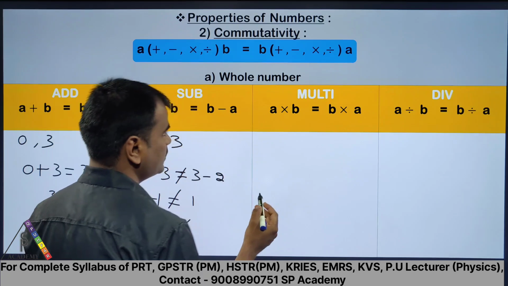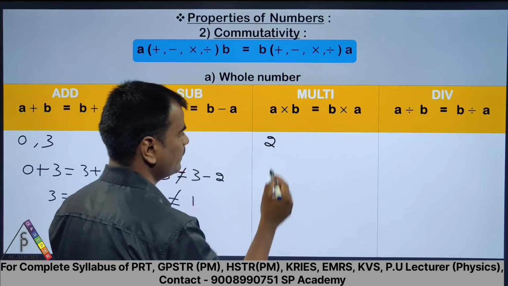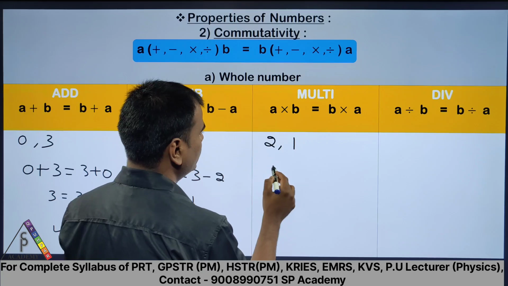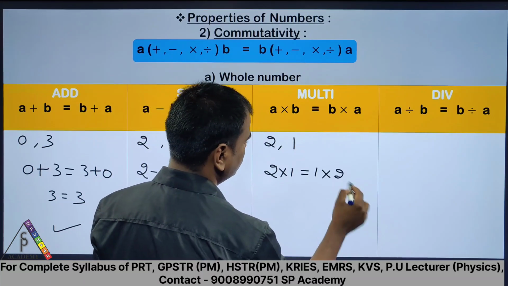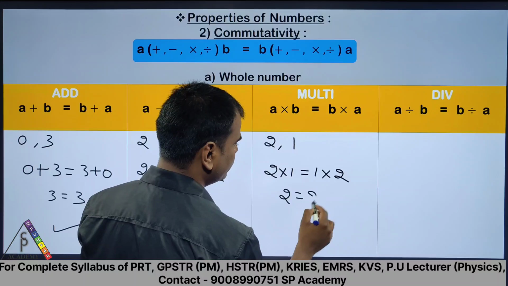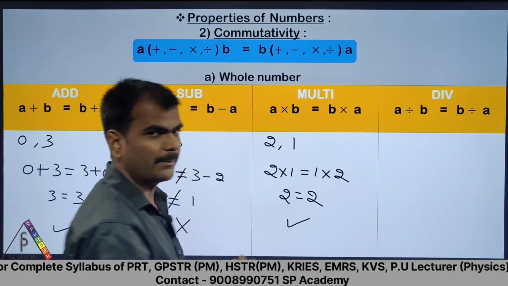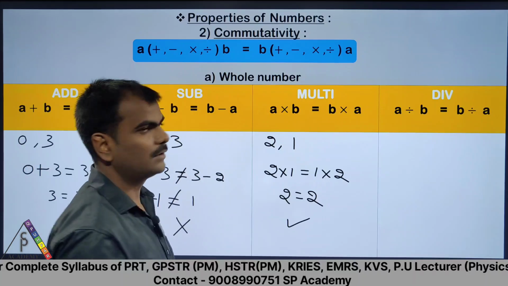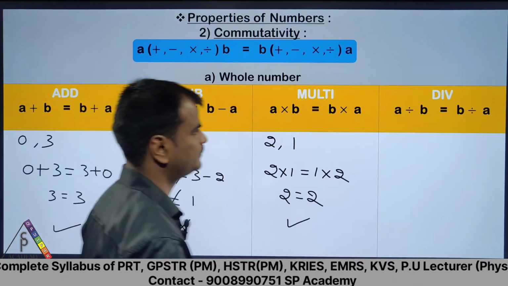Next, for multiplication, I will take 2 as A and 1 as B. Therefore, 2 into 1 is equal to 1 into 2. That is 2 equals 2, LHS equals RHS. Therefore, multiplication under whole numbers is valid for commutative property.